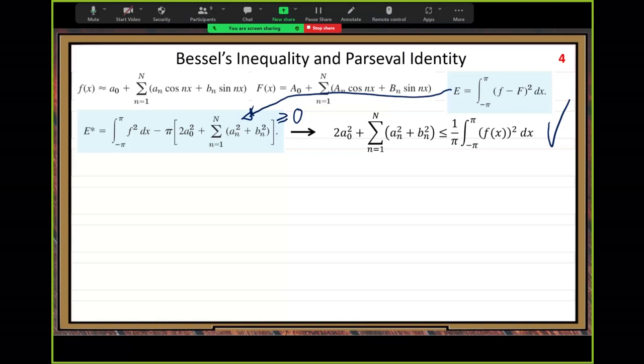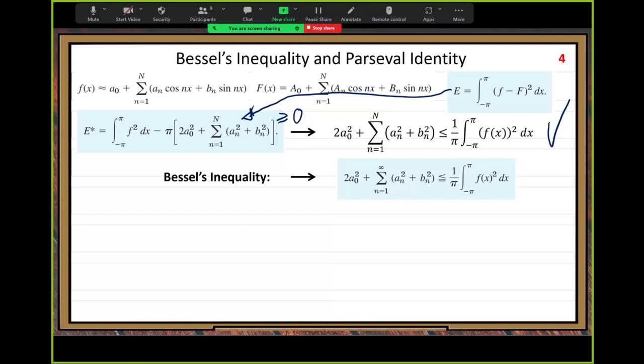Because it's true for any N, when we make it go to infinity it is also true. That inequality we call Bessel's inequality. Making capital N go to infinity, the sum is less than or equal to this integral.